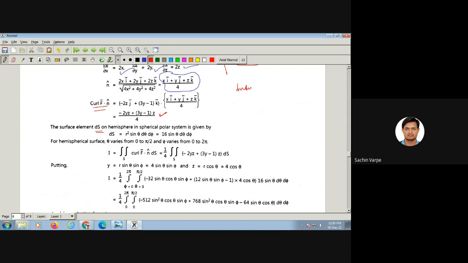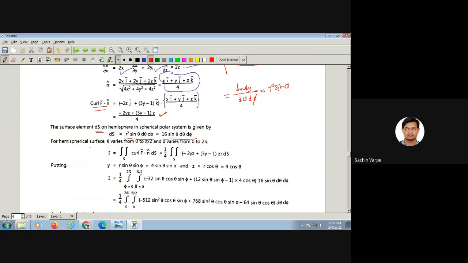So dx dy upon d theta d phi will be r square sine theta, right? This is nothing but the Jacobian of x, y with respect to theta and phi, keeping r constant. Yes or no? So this r square sine theta is nothing but the Jacobian into d theta d phi. So that r is 16.